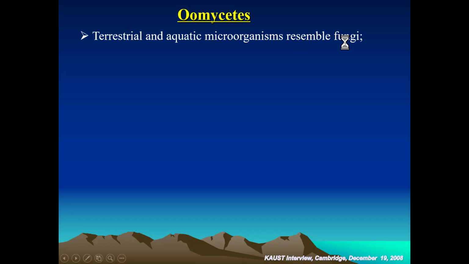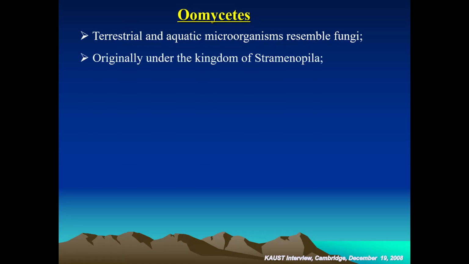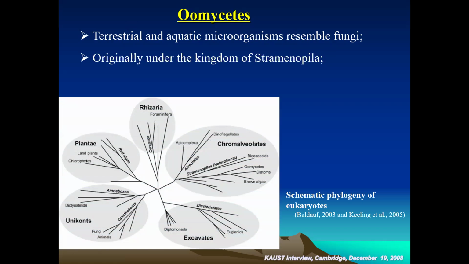They are not fungi, but they look like fungi, originally under the kingdom of Stramenopila, quite different from the fungi. Here you can see Stramenopila is here, but fungi is here. This is the eukaryotic phylogenetic tree. So oomycetes are not fungi, but not plants either; they are unique organisms belonging to the kingdom of Stramenopila.